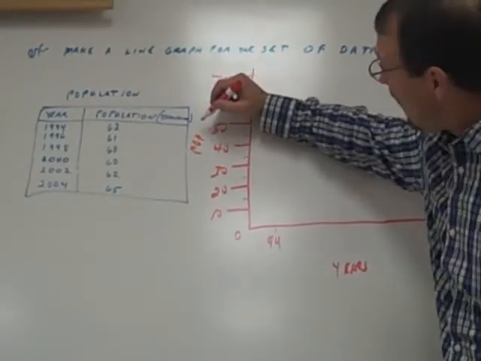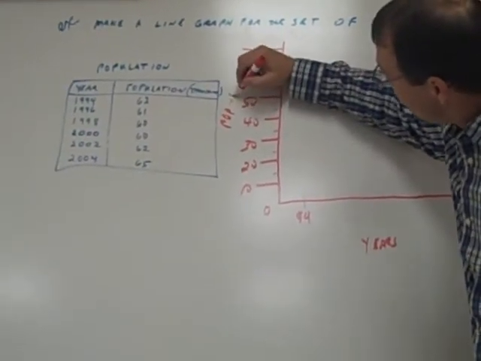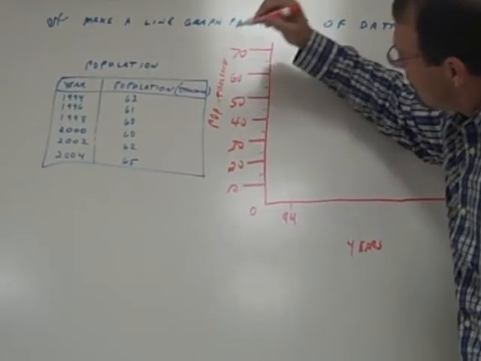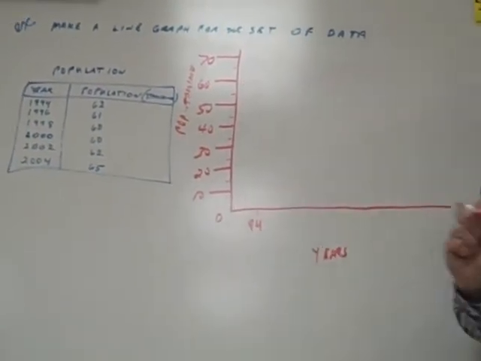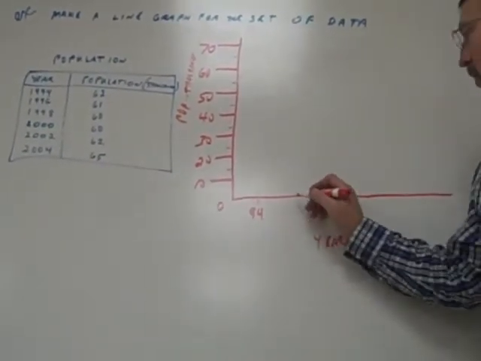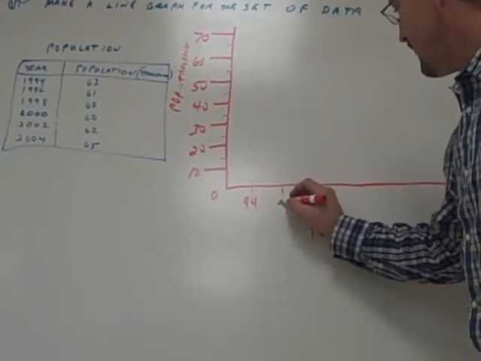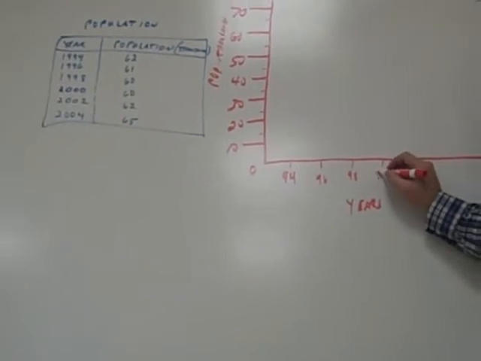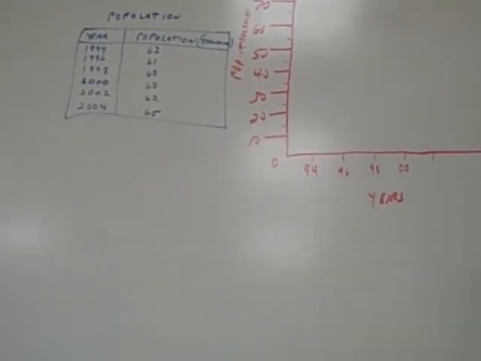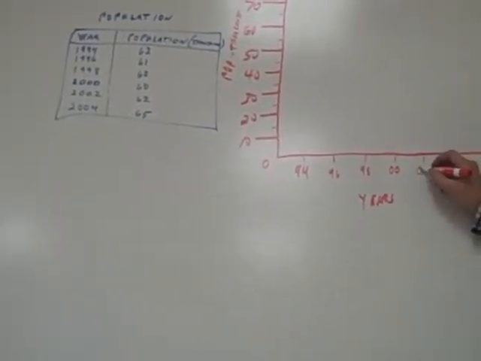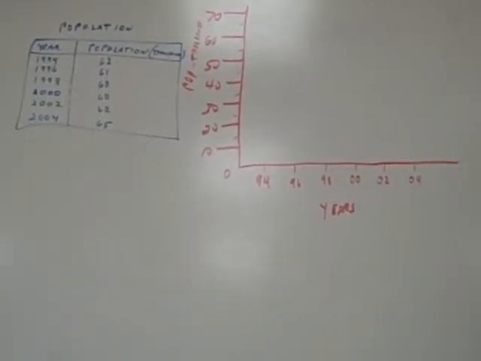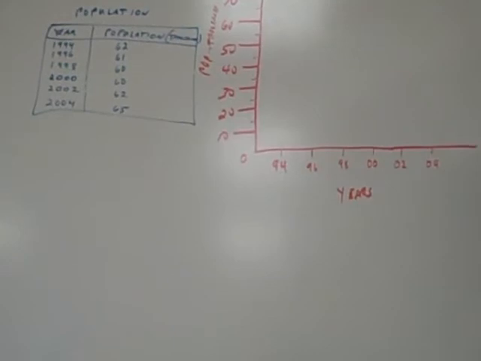So I need to put population, per 1,000. Thousands. 94, what's the next one? 96, 98, 2000. I put 00. Is that okay? 02, 04.